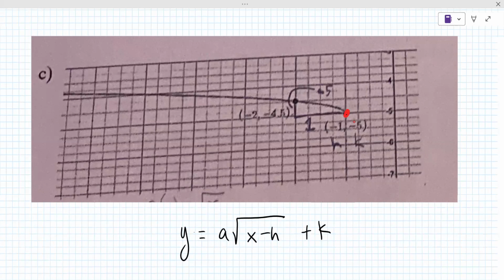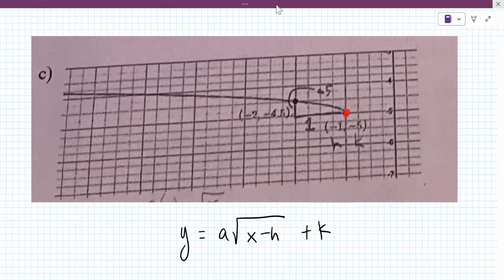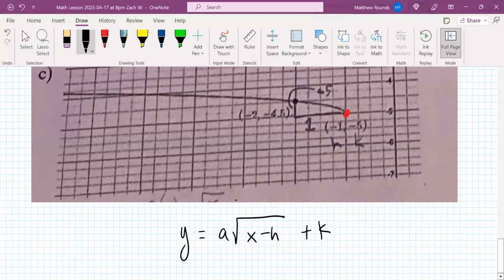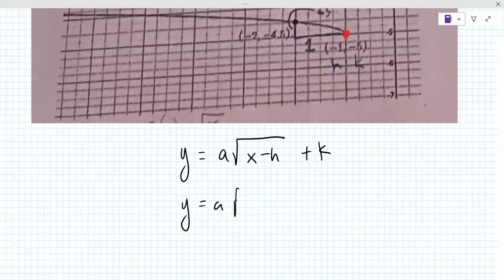That's like the 0, 0 point. So in this case, it's -1, -5. You're going to use those values in your equation. y equals a square root of x plus 1, minus 5 for k.